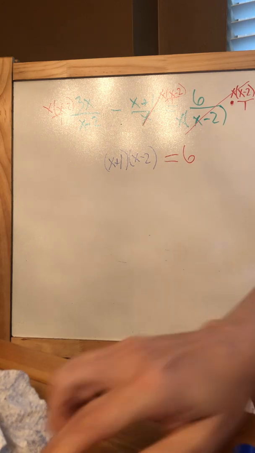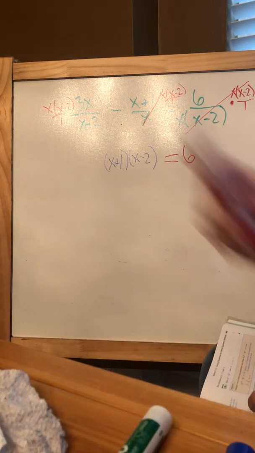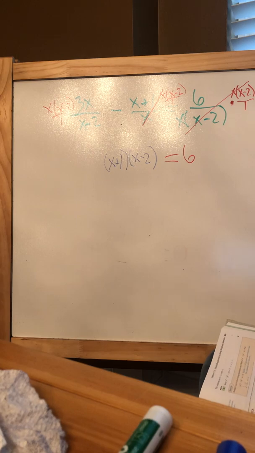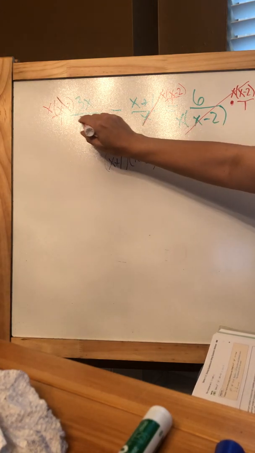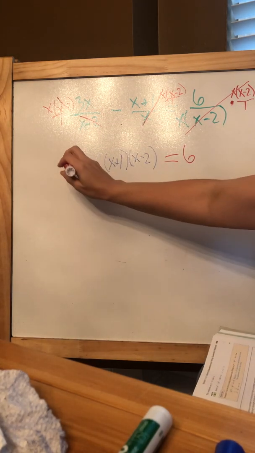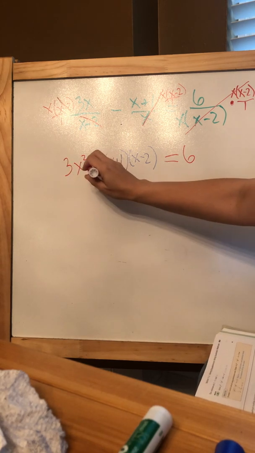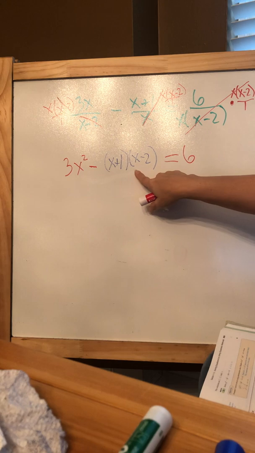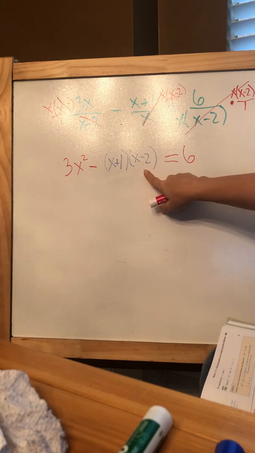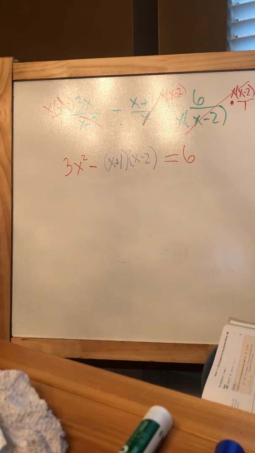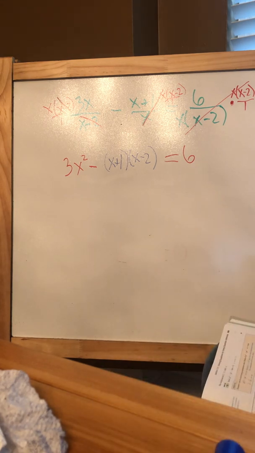And then what are we left with here? Okay, this x minus 2 and this x minus 2 cancel out. So we are actually left with 3x squared. So we have 3x squared minus x plus 1 times x minus 2 equals 6. Okay, let's keep going.